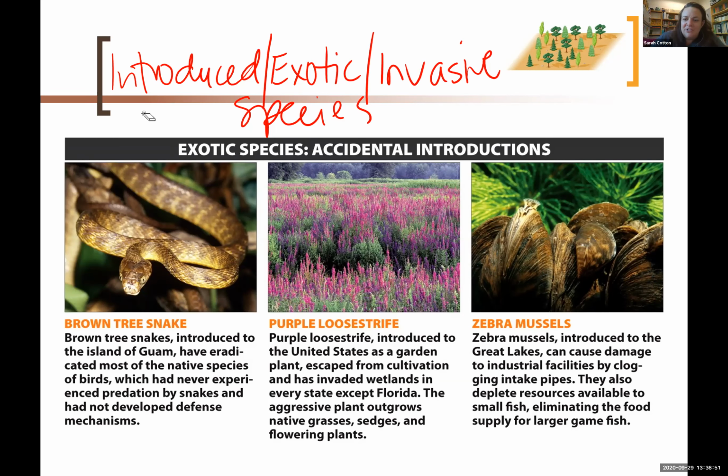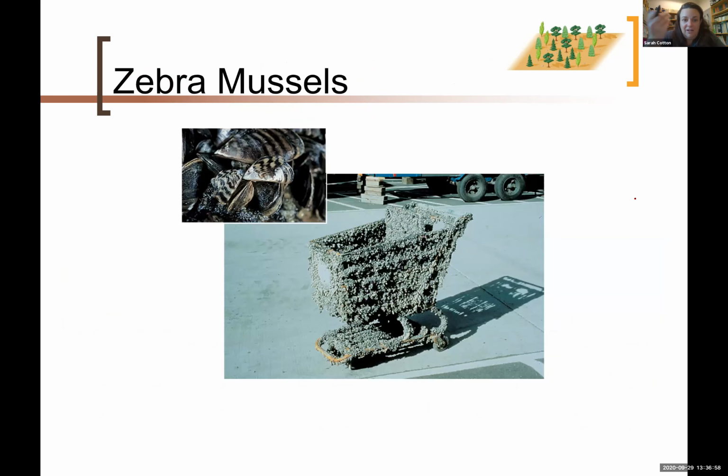So zebra mussels, here's another picture of zebra mussels. And so zebra mussels are a little bivalve, like the kind of mussel you eat. And they're a freshwater animal, and they likely were introduced into the Great Lakes through ballast in a ship.